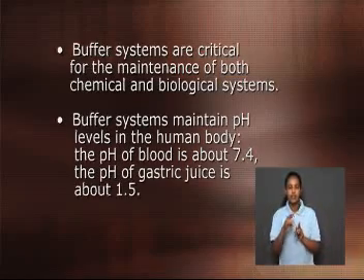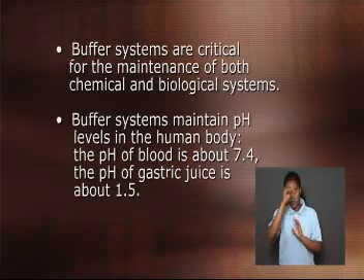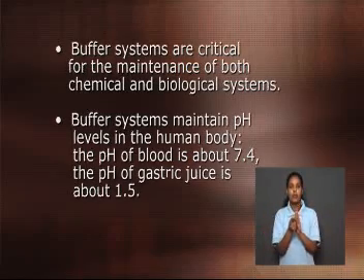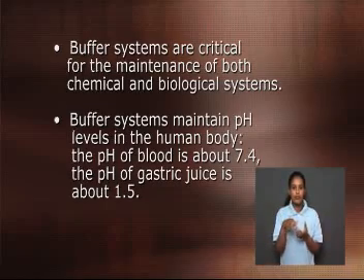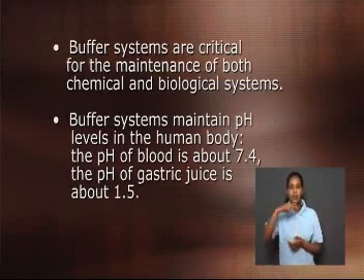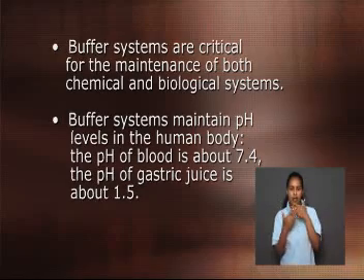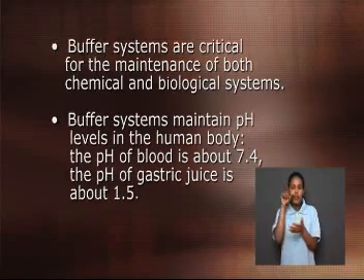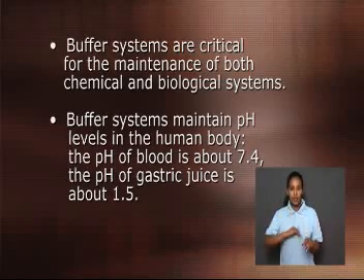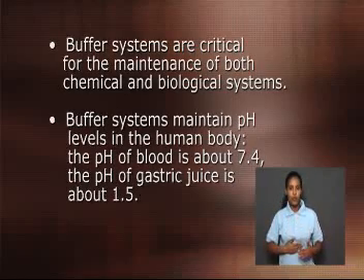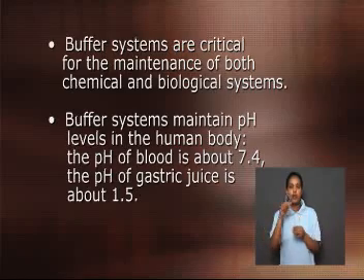The pH in the human body, for example, varies greatly from one fluid to another. The pH of blood is approximately 7.4, while the gastric juice in our stomachs has a pH of about 1.5.